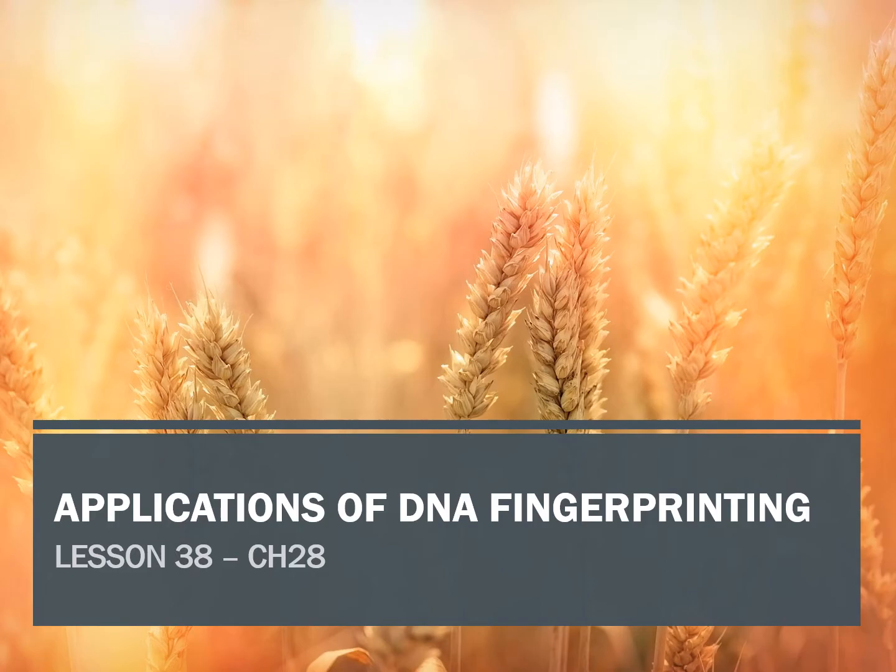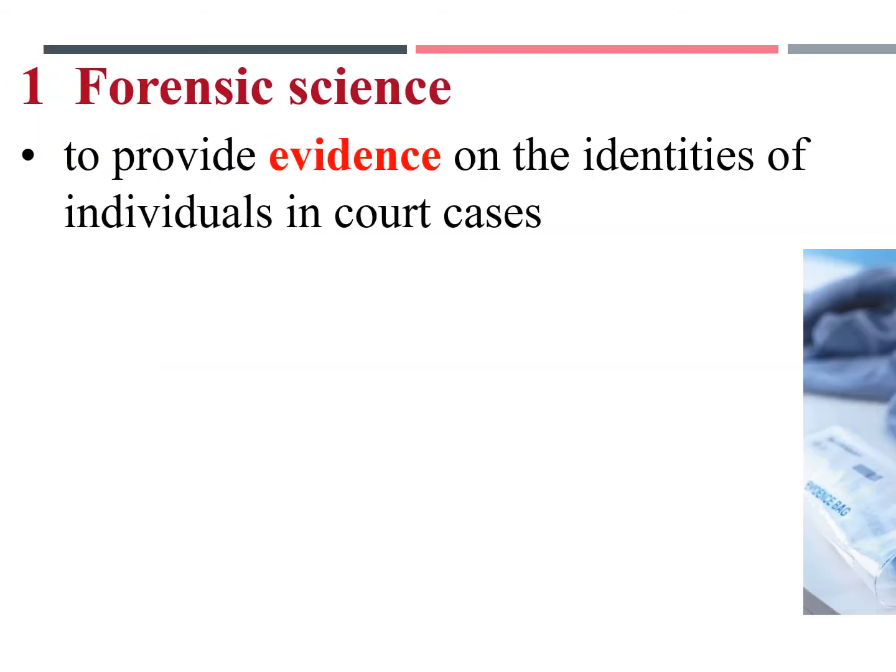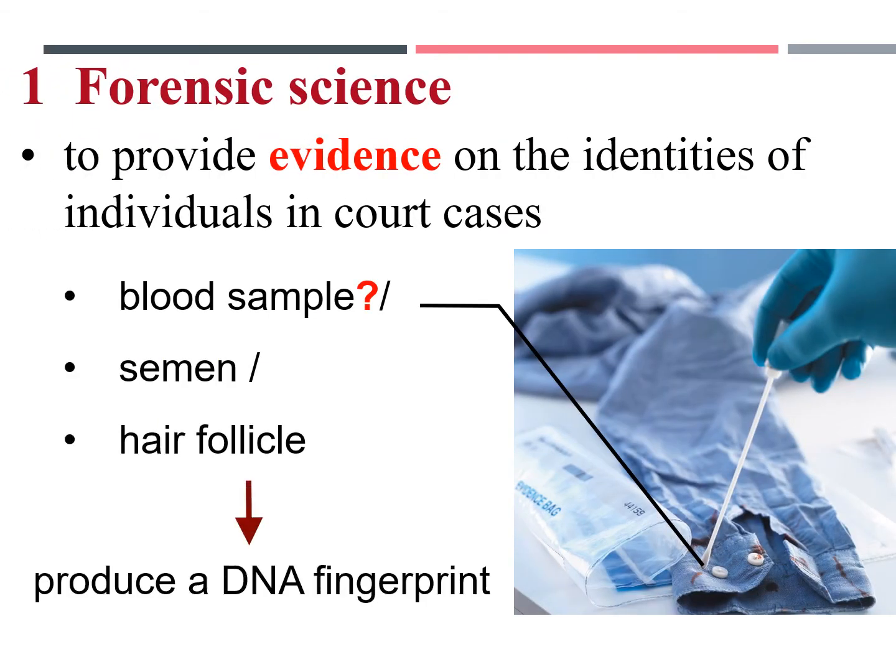Let's start. There are many different applications of DNA fingerprinting. In forensic science, DNA fingerprinting helps to provide evidence on the identity of individuals in the court case, for example, identifying the murderer or identifying the victim.